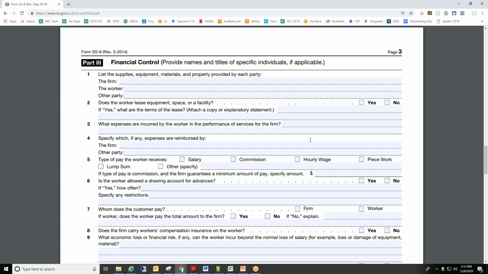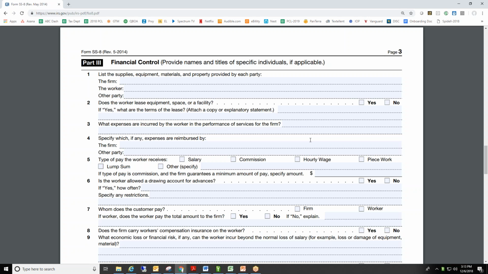But if the worker is providing the equipment, it could be an independent contractor position. However, the state of California allows firms to have employees provide their own equipment as long as they earn double the minimum wage. So as you can see, it's kind of a tangled web there.